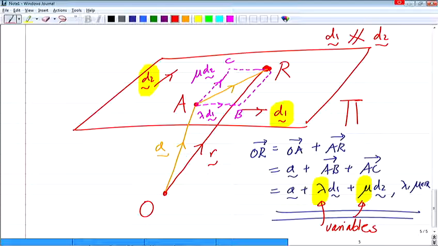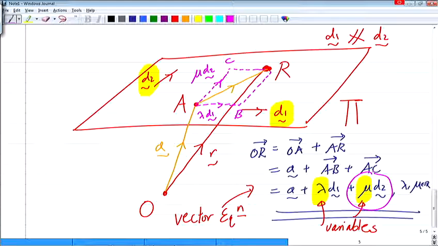This is known as the vector equation of a plane, which is quite similar to the equation of a line. The only thing that is extra is this: I add in another direction vector so as to create a plane. For lines, I just need one direction vector. For planes, I need two direction vectors. So far so good?